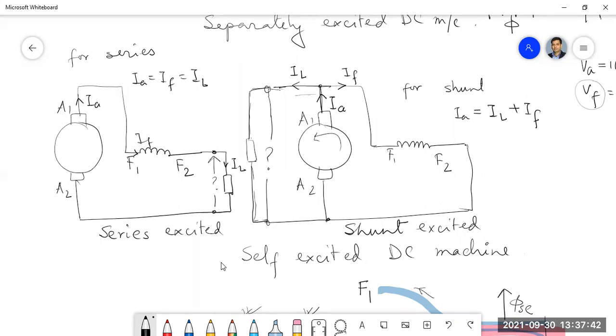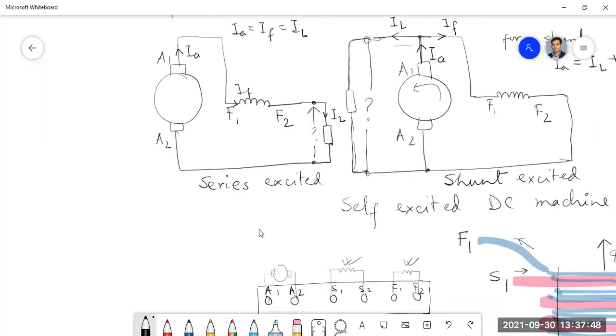Okay. Suppose let us take some example. Suppose I have a machine, 5 kilowatt, 110 volt DC machine. So these are the power rating of the DC machine, and this is the voltage rating of the DC machine. Now, what is the current rating?